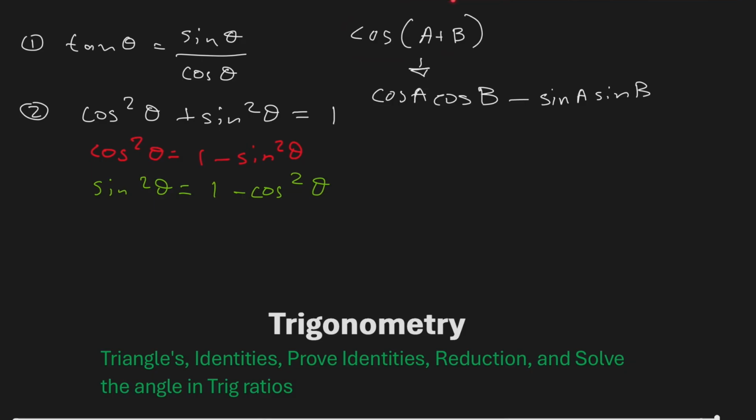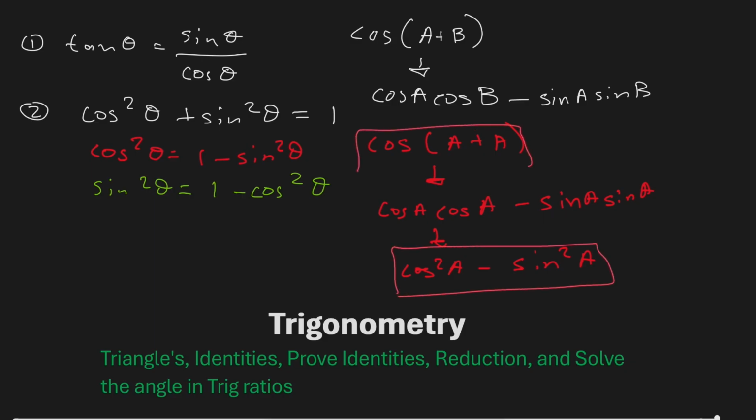From this compound angle of cos, what will happen if the angles inside are the same? For example, cos of A plus A. This compound angle changes and becomes cos A multiplied by cos A minus sine A multiplied by sine A. Because the angles are the same, this simplifies to cos squared A minus sin squared A. Therefore, this is an identity which we call a double angle.